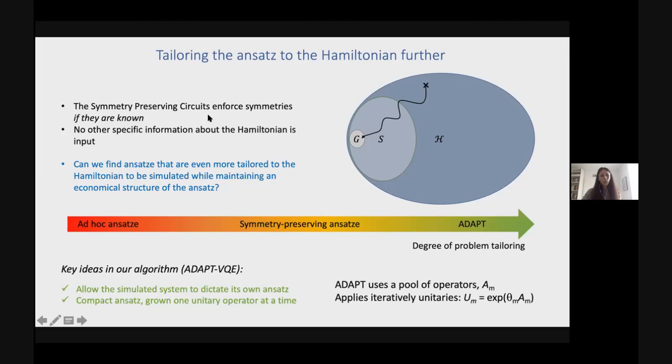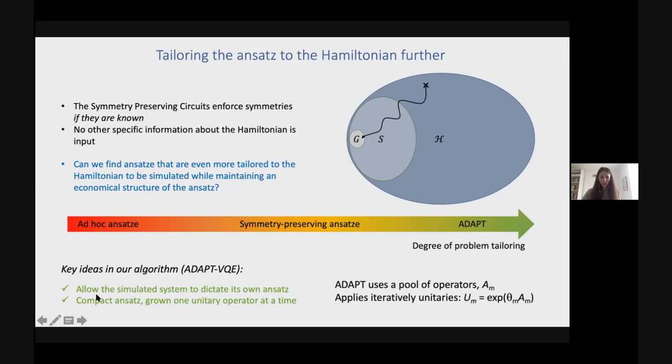So the way you could view this work is, in the most extreme, you have ad hoc ansatz which don't know anything about the Hamiltonian you're simulating or the solution, so they're very random. Then you can impose some symmetries, so you know something about the Hamiltonian or the solution. And then the algorithm I'll present right now goes further in that direction, where you're tailoring the ansatz very much to the Hamiltonian under simulation.